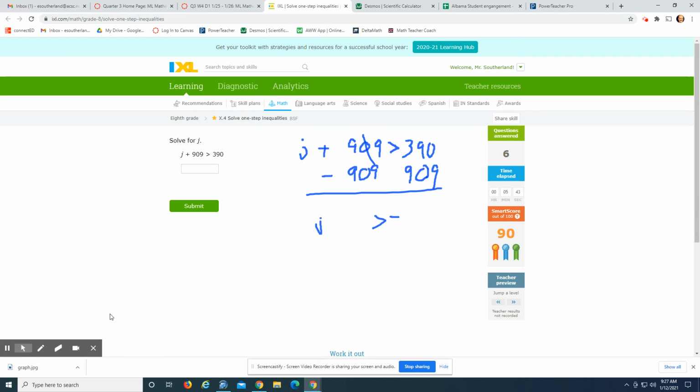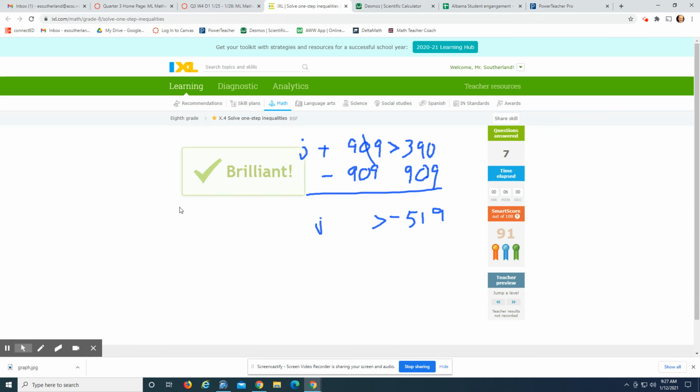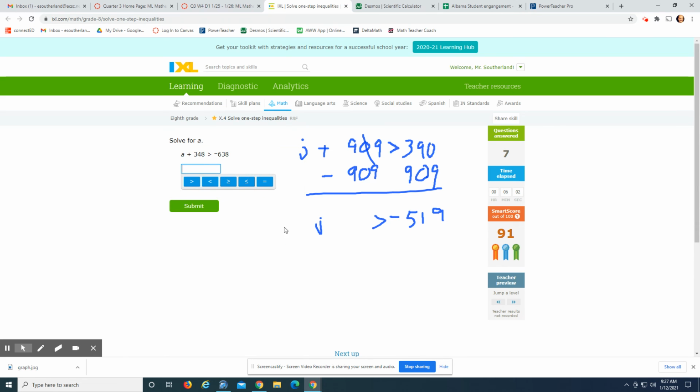You go back to your paper. We said it was negative 519. And so then we type in J is greater than negative 519. And then you keep doing this over and over again.